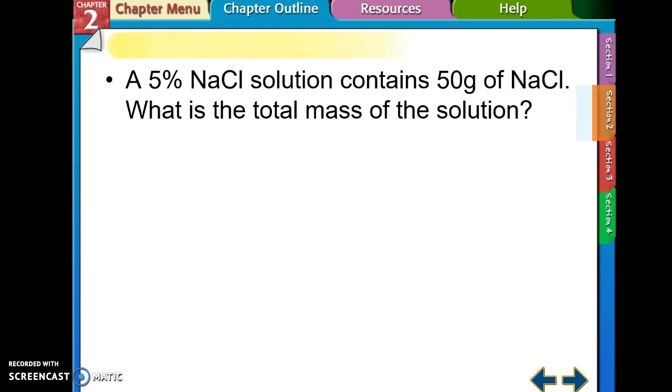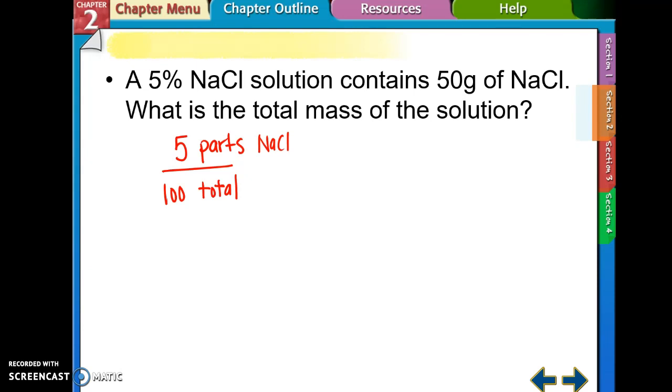So there's multiple ways I could do this, but if I'm going to set this up as a dimensional analysis problem, what I'm going to do is start off with what I'm given in the problem, that I have a 5% NaCl solution. I'm going to rewrite that as 5 parts over 100, which is the whole or the total. So if it's a 5% solution, that means that there is 5% sodium chloride, NaCl, per 100 grams of the solution.